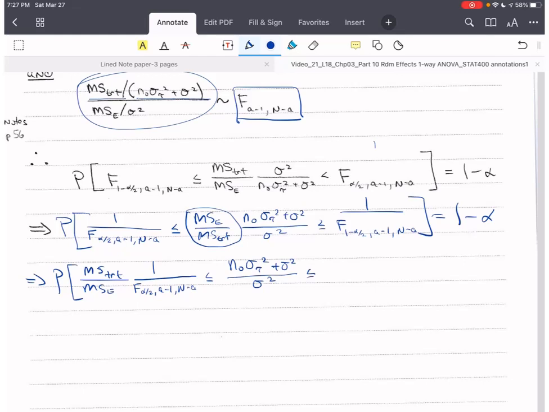And I'm going to go ahead and rewrite this common denominator. I can write this as n naught sigma tau squared over sigma squared plus 1, because sigma squared over sigma squared is 1. And then I have MSTRT over MSE, and then times 1 over f of 1 minus alpha over 2, a minus 1, n minus a.